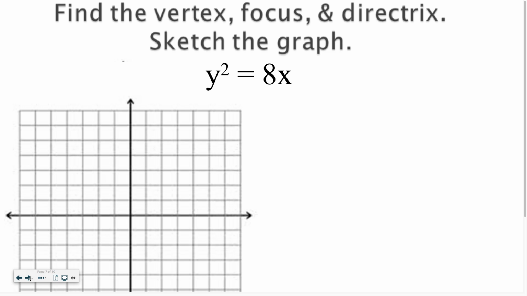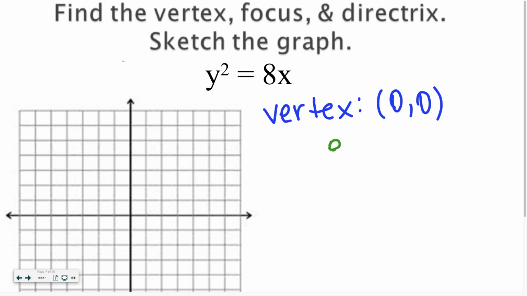Our vertex is going to be where? If there's no h or k, what does that mean h and k equal? So our vertex is going to be at 0, 0. Now 8 is in place of that 4p. So if we let 8 equal 4p, what does p equal? 2.